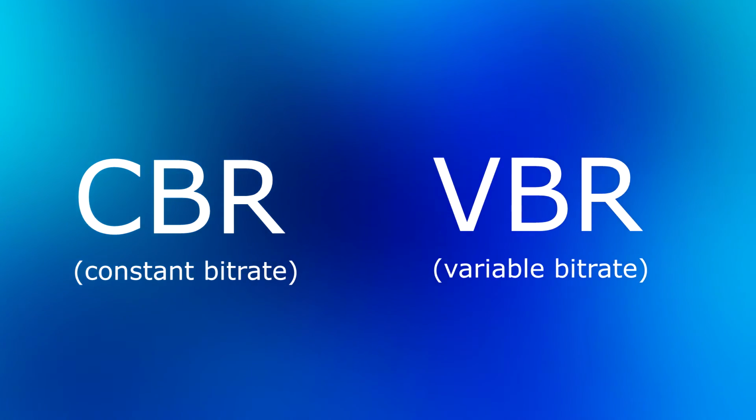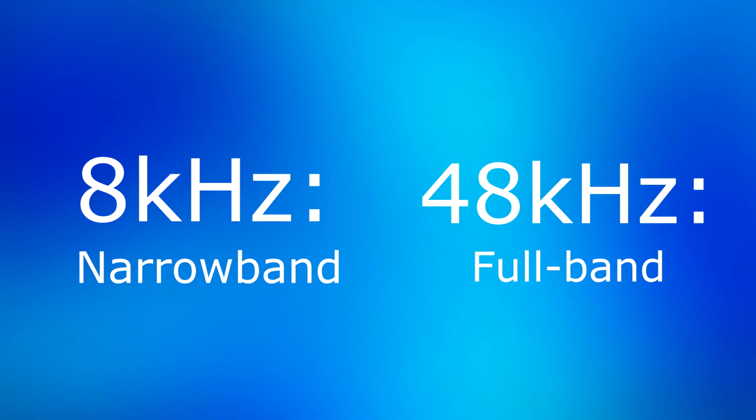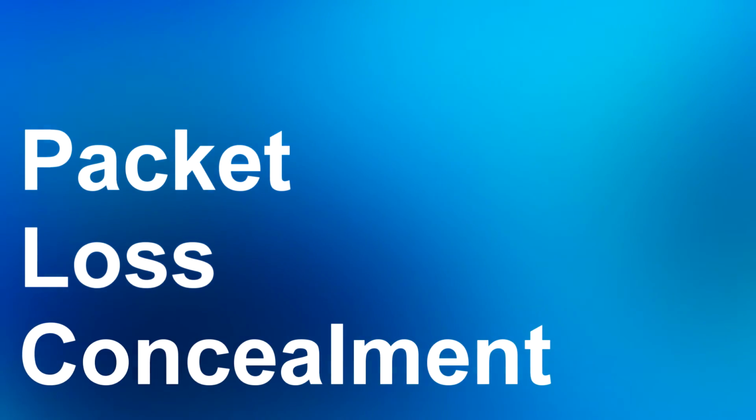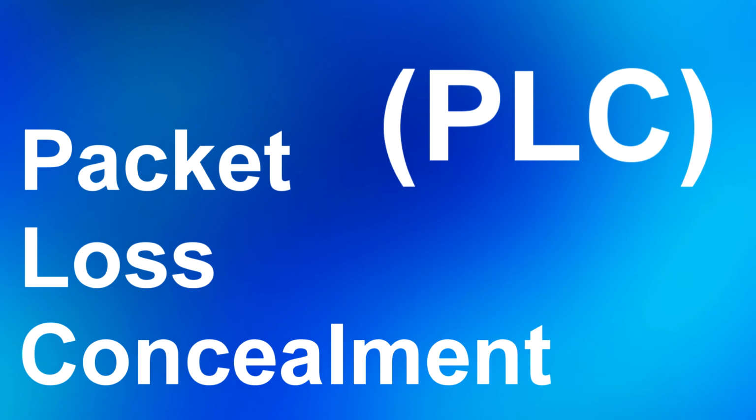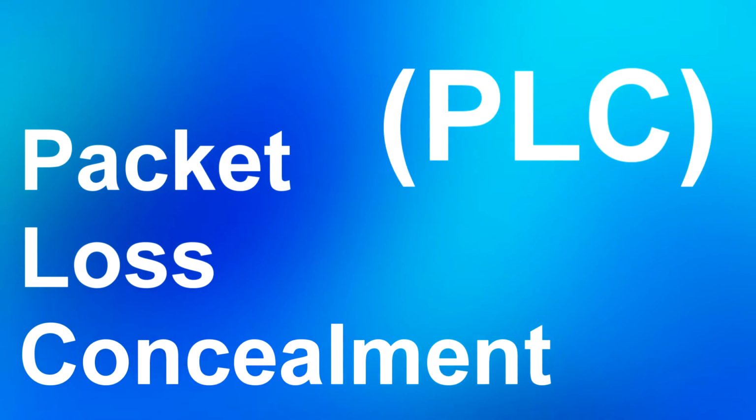Opus supports both constant bitrate (CBR) and variable bitrate (VBR), and it also supports bitrates between 6 kilobits per second and 510 kilobits per second. The sampling rates can vary between 8 kHz, which is a narrow band, and 48 kHz, which is a full band. Opus also has something called Packet Loss Concealment, or PLC, which prevents data packets from getting lost in voice over IP or arriving corrupted or late.